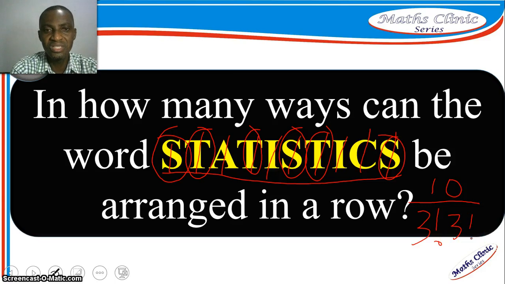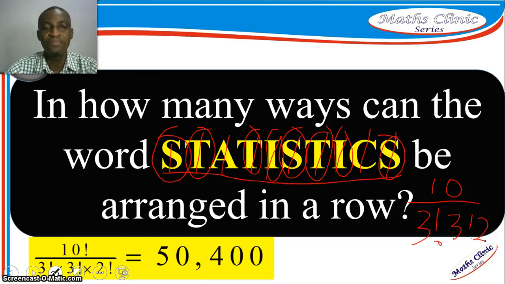Then you can also see I repeating 1, 2, then times 2 factorial again. That means 10 factorial divided by 3 factorial times 3 factorial times 2 factorial will give us 50,400. I'm sure it makes sense.